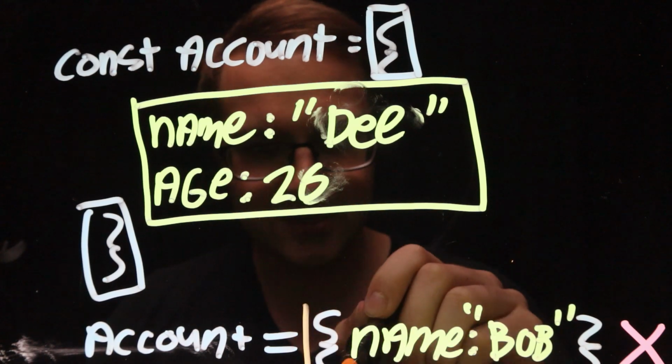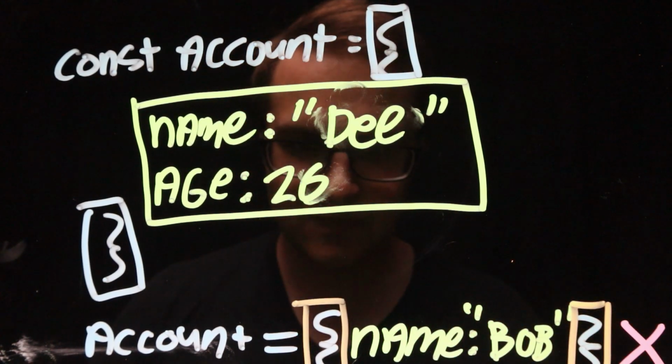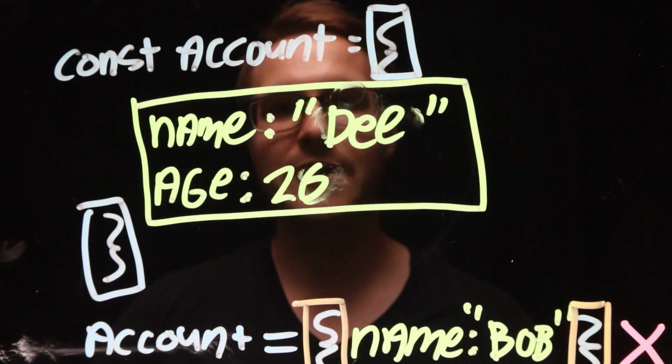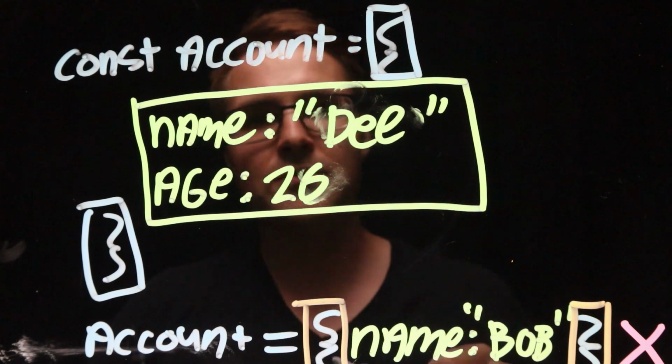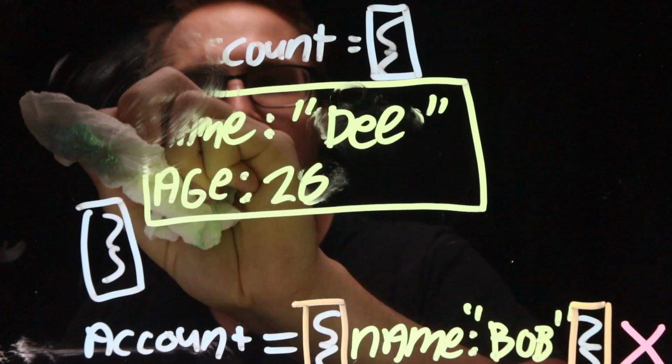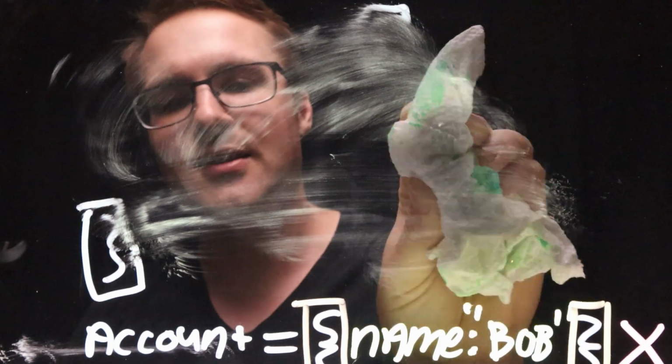So this is technically a new object, right? So you can't do it. The const variable only locks one level down. That's key.